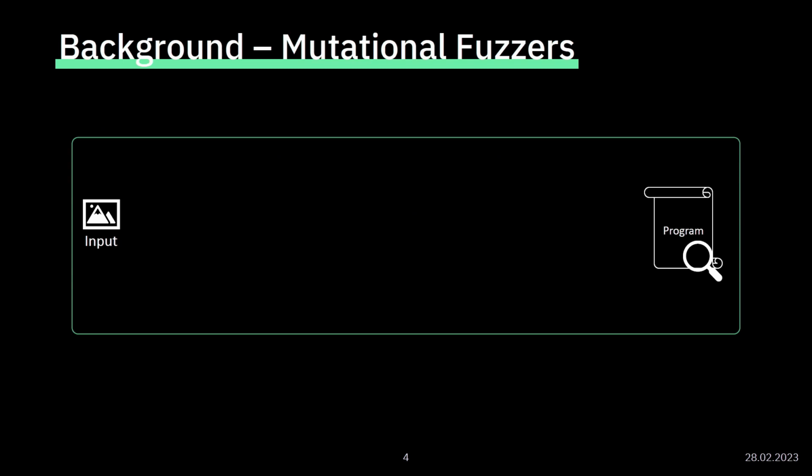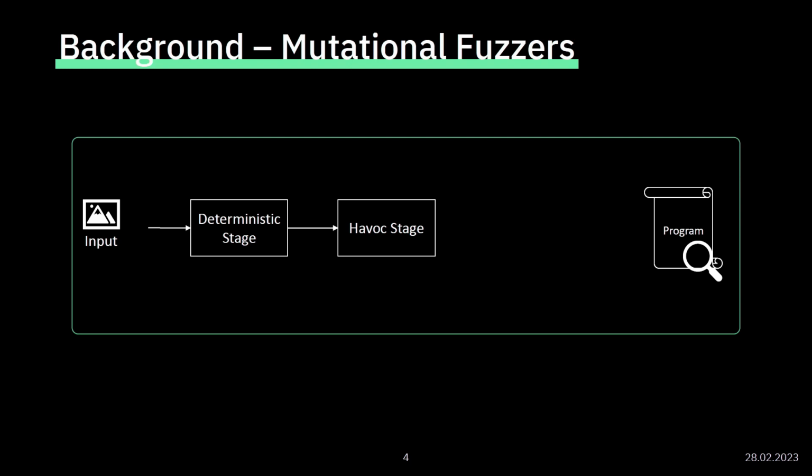So what does such a mutational fuzzer look like? This is based on AFL, but it's quite adoptable by most mutational fuzzers. Usually you have some kind of deterministic stage in the very beginning, which is a predefined set of operations that you apply to your input. And then you have a so-called havoc stage, where for a given time per seed, you randomly apply mutation operators based on some statically defined probability for each operator.